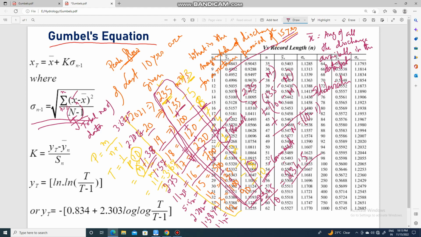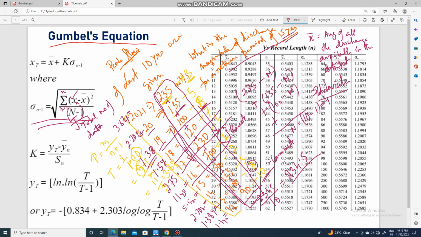Here 10 data are given, so 10 minus 1 will be 9. Another point to note is that after summing all the discharges, you have to square that result and then divide it by n minus 1, and then apply square root to find the final result of standard deviation.